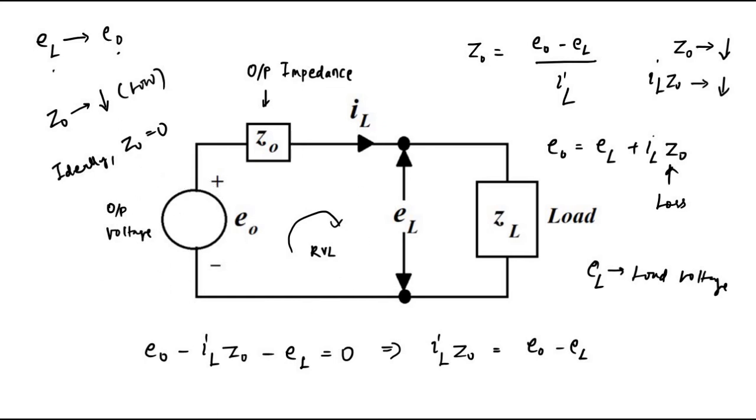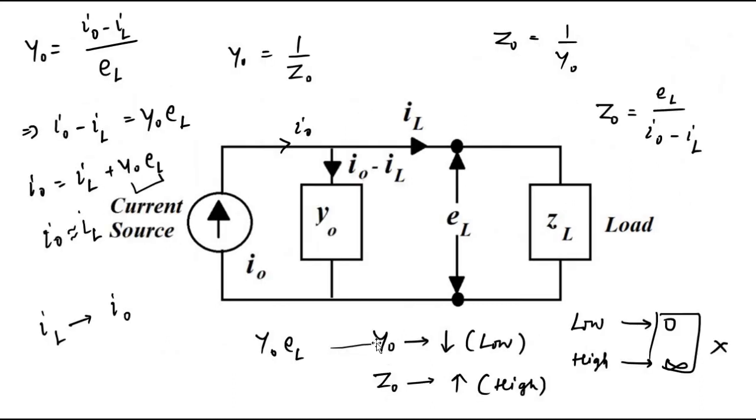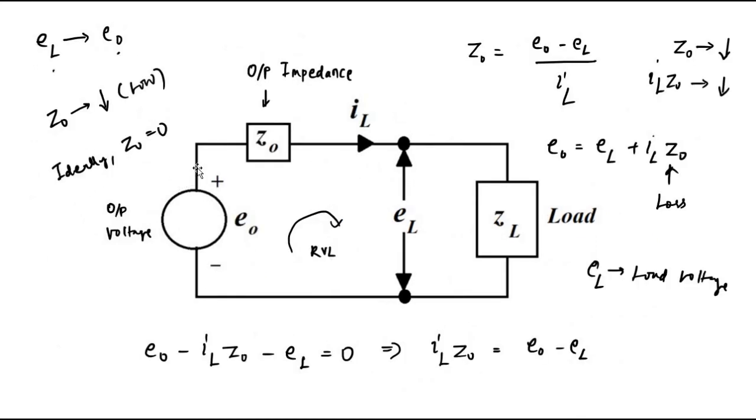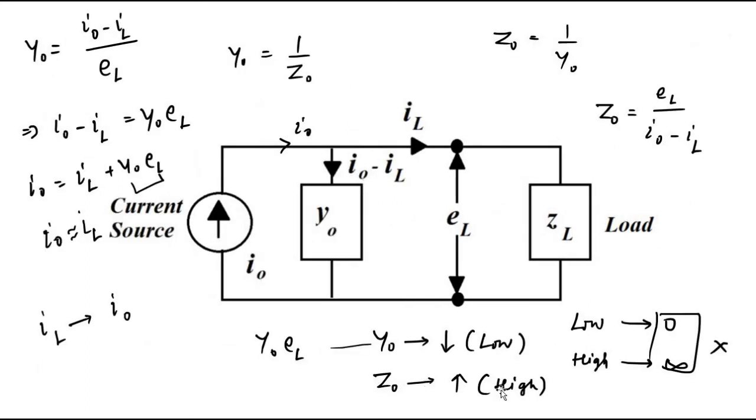When it comes to current sources, the output impedance should be high. Admittance should be low, impedance should be high. It is very easy to get confused, so always stick to the basics here. For voltage sources, impedance should be low on the output side. For current sources, impedance should be high on the output side.